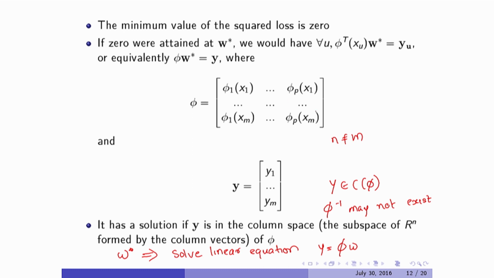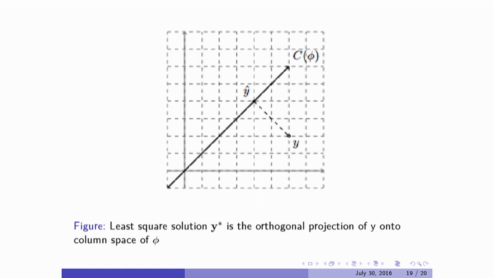So please verify that dimensions are correct. Phi is an m by n matrix, W is a vector, and we already know the direction of y into the column space of phi.